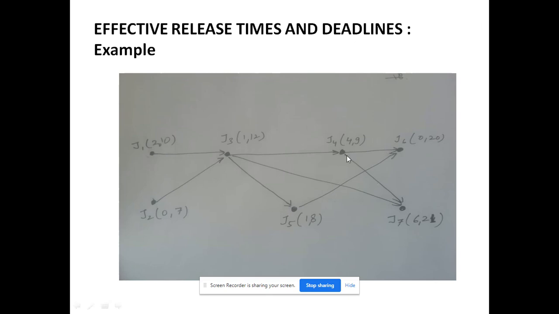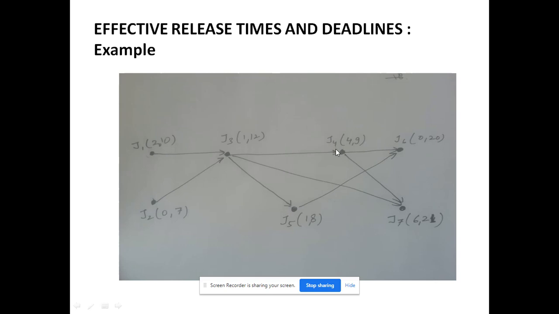Now we go to J4. The given deadline of J4 is 9, and J4 has two successors, J6 and J7. The effective deadline of J6 is 20 and the effective deadline of J7 is 21. So the minimum value among these three is 9.